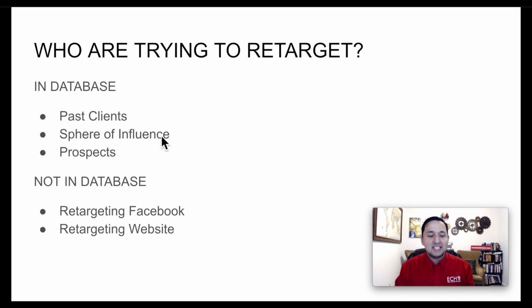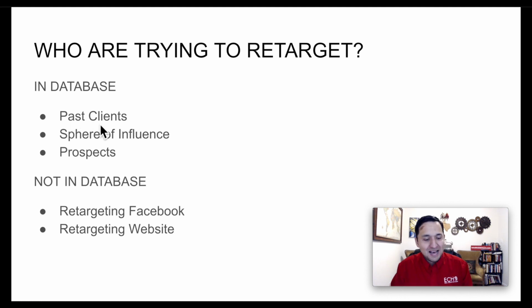I do suggest that you split these up, but depending on the size of your book of business or how much you want to bifurcate your audiences, that's totally up to you. You can upload your entire database. Just know that you can split those out and create individual audiences as you get to speak to people differently based off of your relationship.